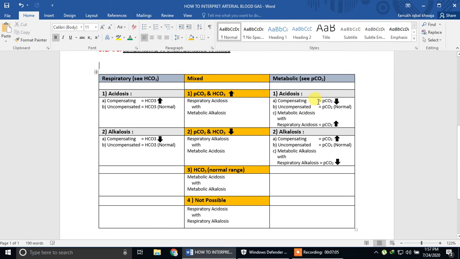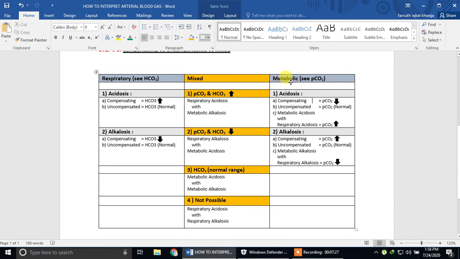There is one difference. If it is metabolic acidosis, the partial pressure of carbon dioxide should be decreasing, which means it is compensating. To understand: there is an increase in acid in the blood, so it is called metabolic acidosis.